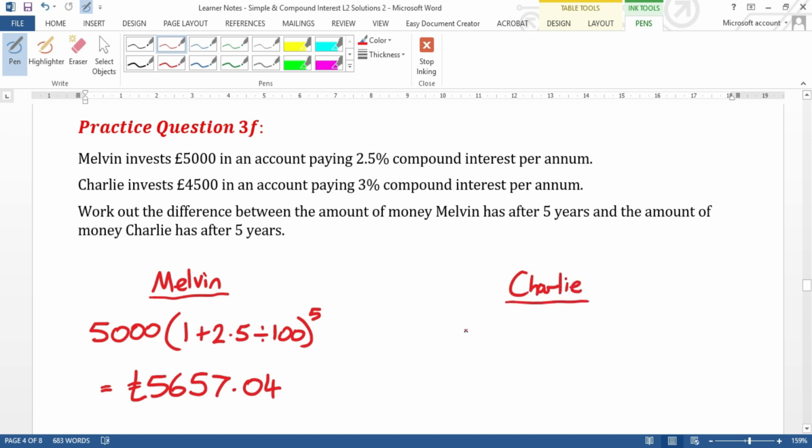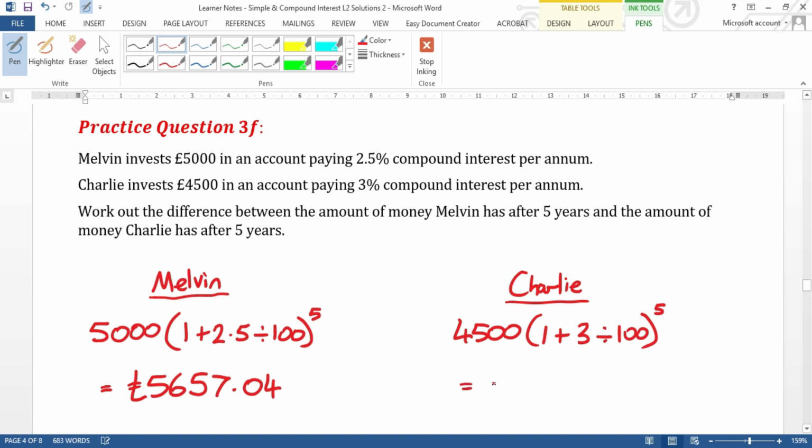Okay, let's work out Charlie here on this side. So Charlie invests 4,500. Again, it's going to be 1 plus because it's to do with a bank account and it's an investment. 3% this time for Charlie. Again for 5 years.